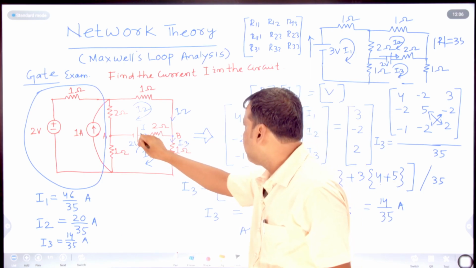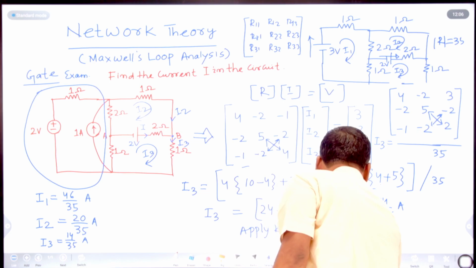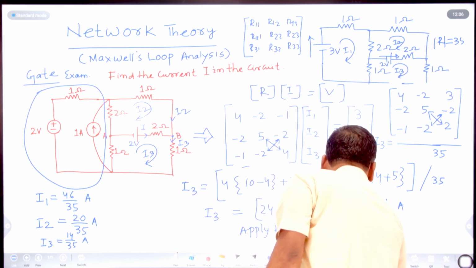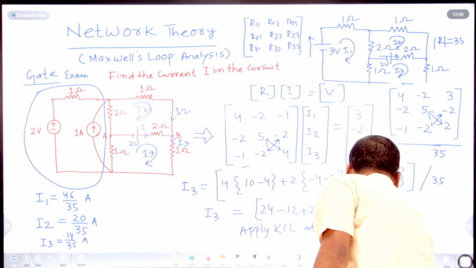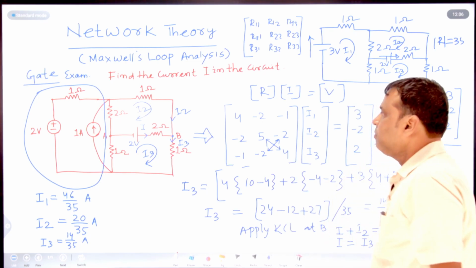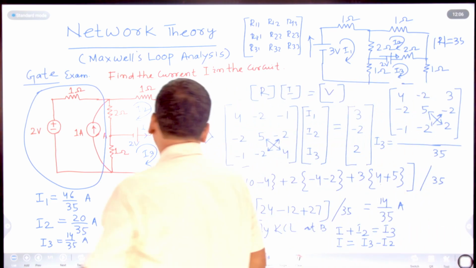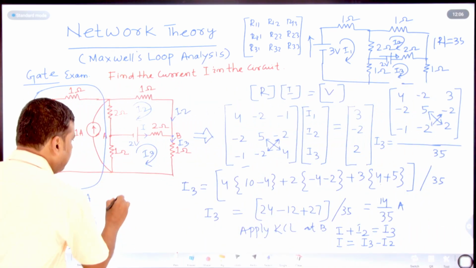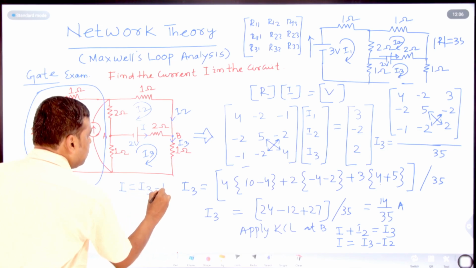Incoming current I plus I2 equals I3. Or I is how much? The value of I equals I3 minus I2. That means indirectly the question asked to find the value of I3 minus I2.